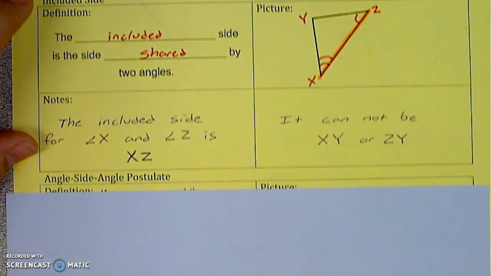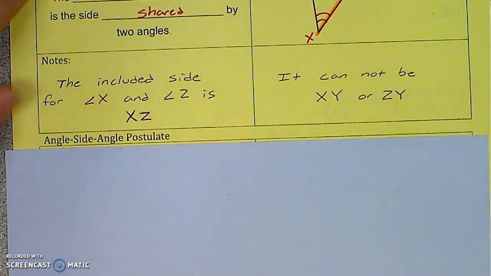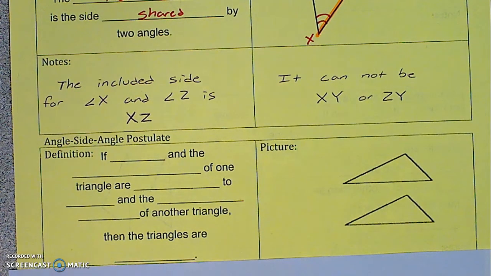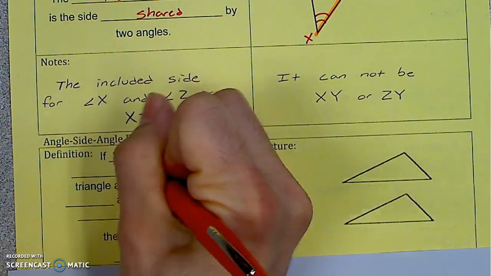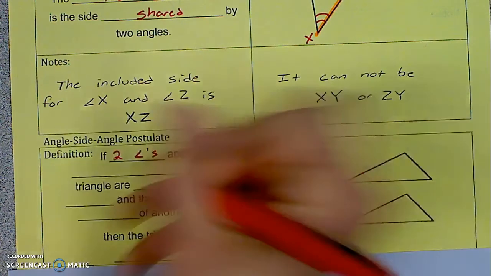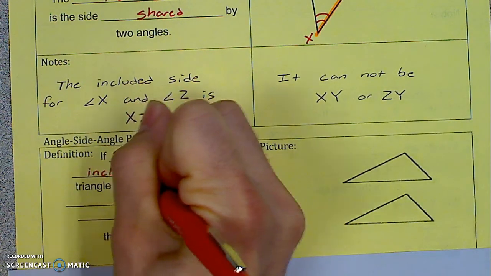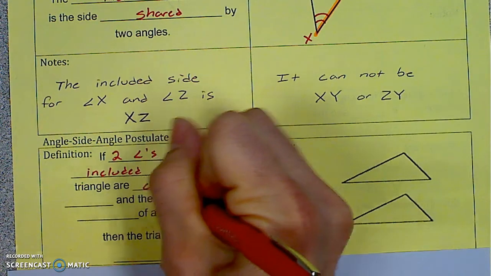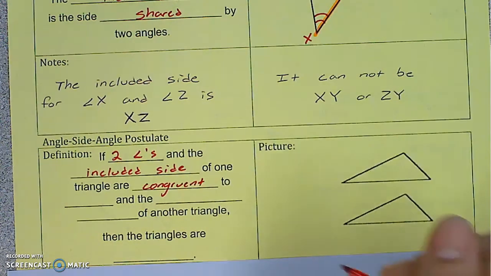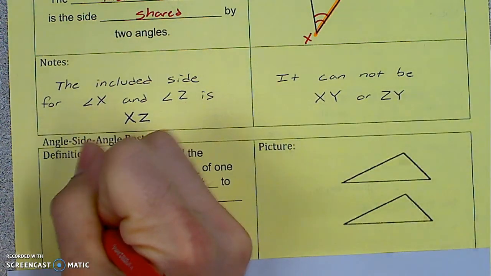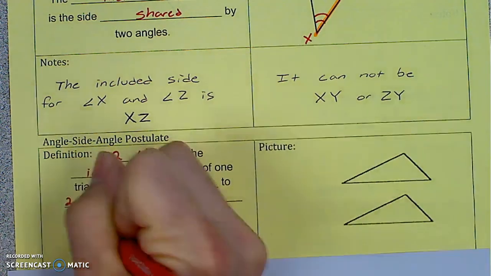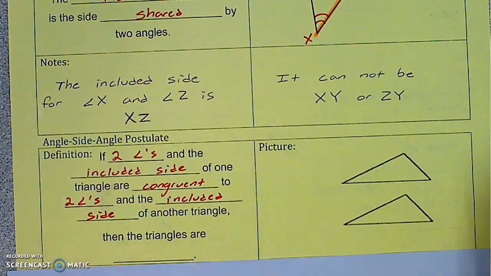So the first shortcut we have is called the angle side angle postulate. It says if two angles and the included side of one triangle are congruent to two angles and the included side of another triangle, then the triangles are congruent.